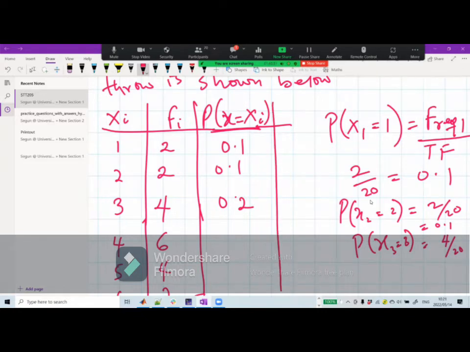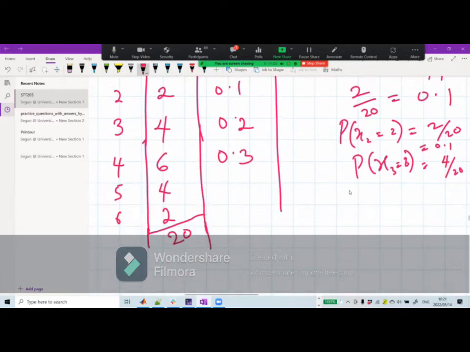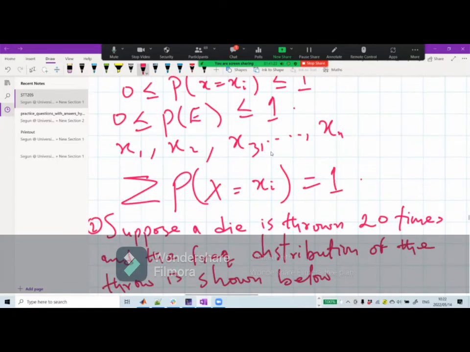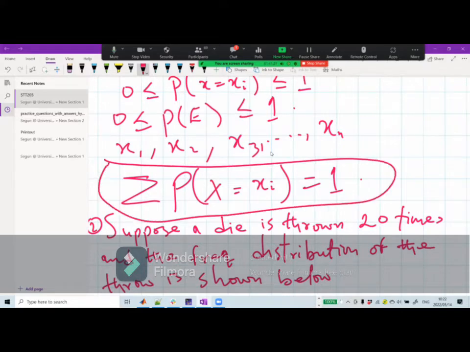What's the probability for x4? 0.3. And x5? 0.2. x6? 0.1. Let's sum everything together. What do you have? 1. Have you seen it now? The summation of the probabilities for an event is equal to 1.